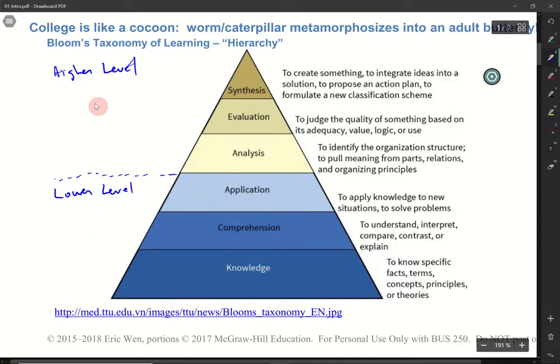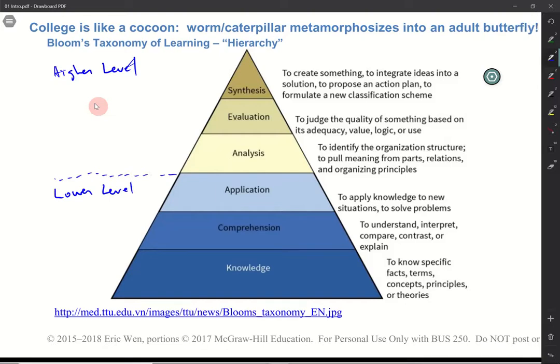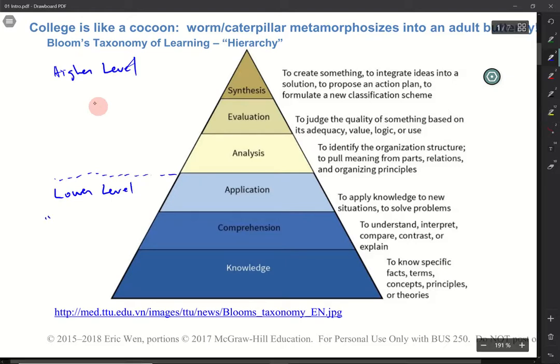I think if you look at it a little bit and try to think about what we just talked about, you might say that maybe this is like the high school level, and maybe this is like the college level.